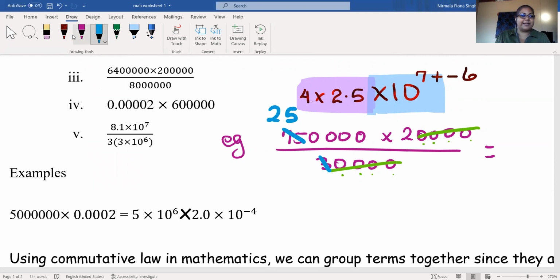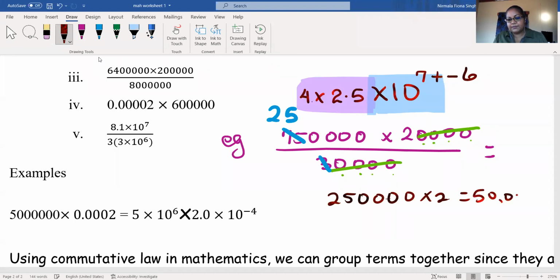And now I want to multiply this out and I'm going to end up getting 4 zeros, 25, 250,000 multiplied by 2 is going to give me 50,000, which is equal to 5 by 10 to the 4, 1, 2, 3, 4.